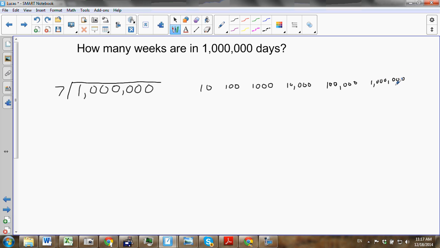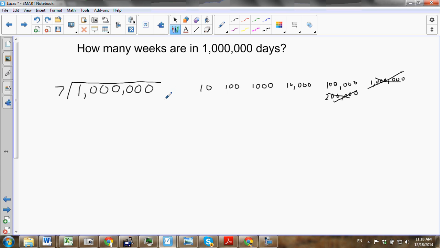Well, you can't take 7 million out of 1,000,000, but you can take 100,000 sevens, that would be 700,000. Let's see if we can take 200,000 out. 200,000 sevens would be 1,400,000, and that would be too many.